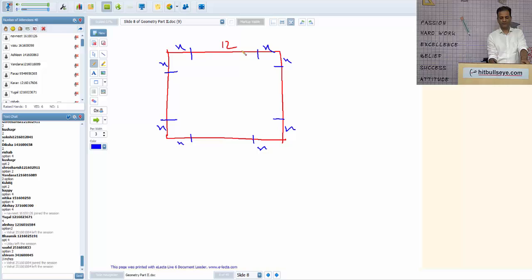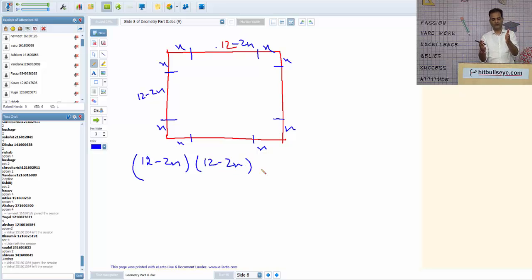Can I say the length will become 12 minus 2x, and the breadth will become 12 minus 2x, and the height will become x, because it will be an open box. If you cut x from each side of the square sheet, then when you fold it, it will be an open box, in which the length will be 12 minus 2x, the breadth will be 12 minus 2x and the height will be x.